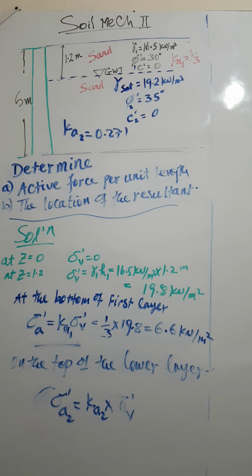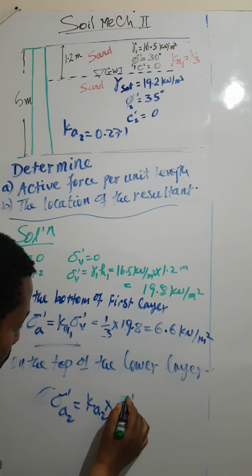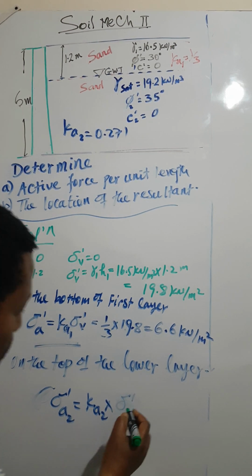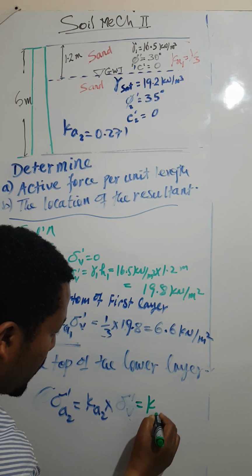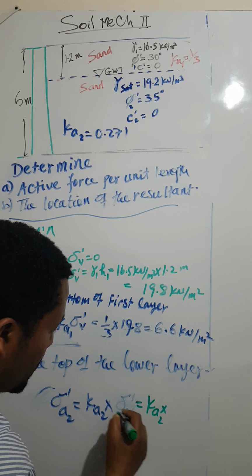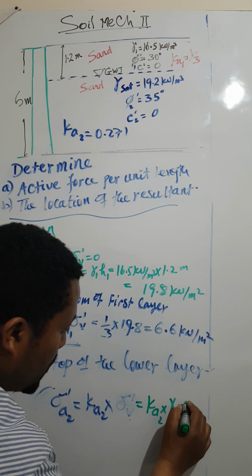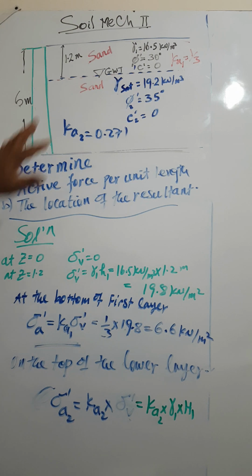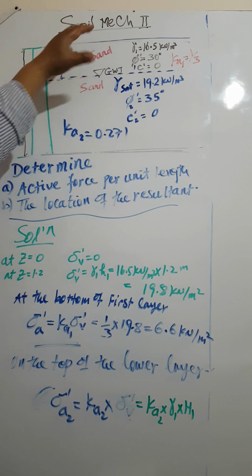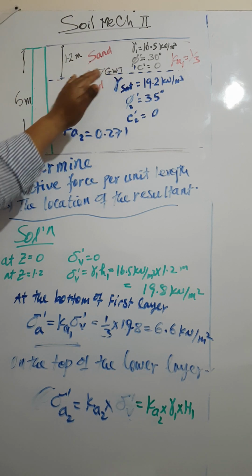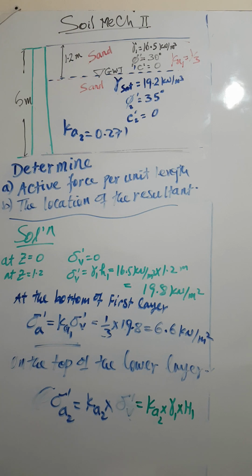So the vertical burden experienced is the same. Ka2 times the unit weight of 1 times H1. The stress experienced on the top surface of the lower layer because of this mass is this much.